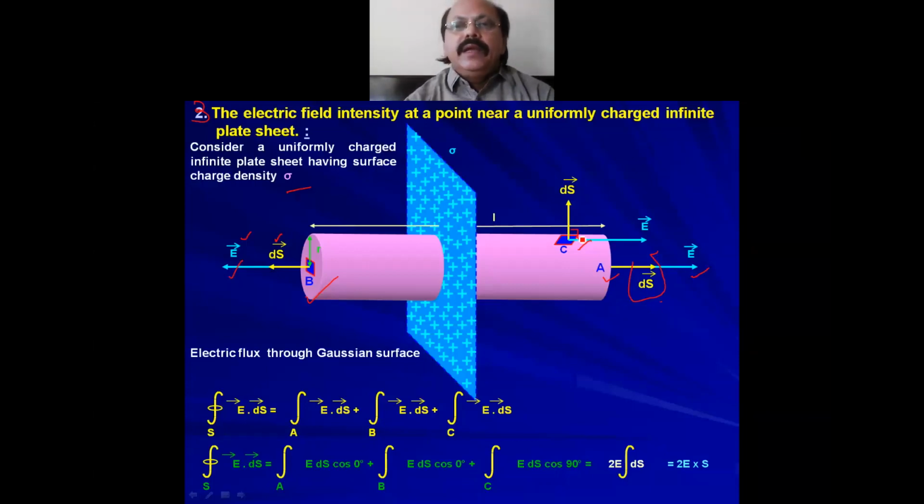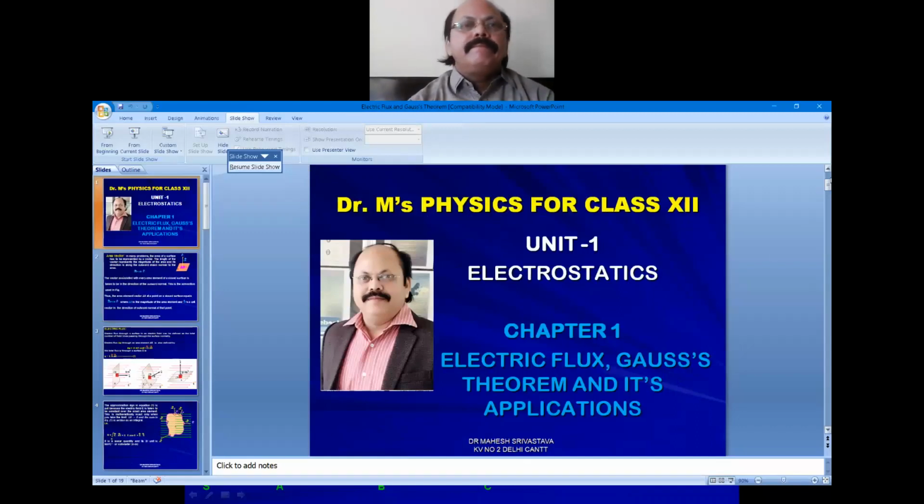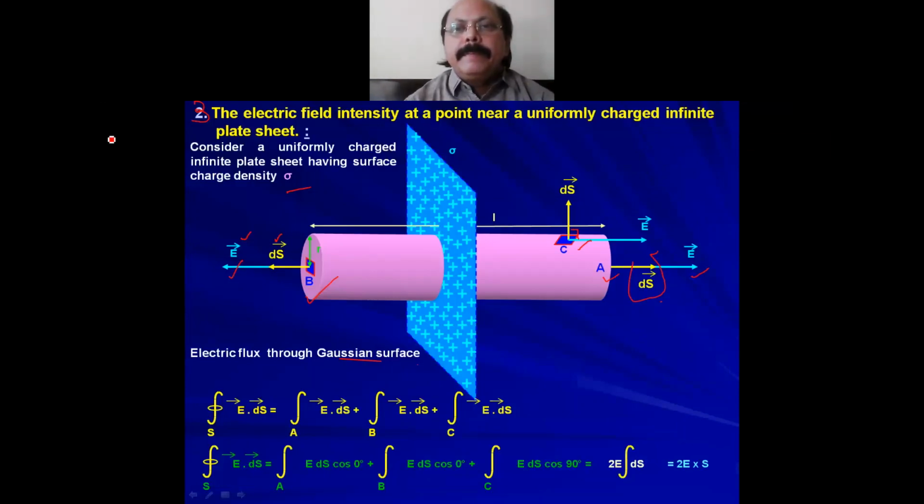So first you calculate the electric flux through the Gaussian surface, that is closed integral E vector dot ds vector equal to the algebraic sum of contributions of electric flux due to the flat surfaces and curved surface.